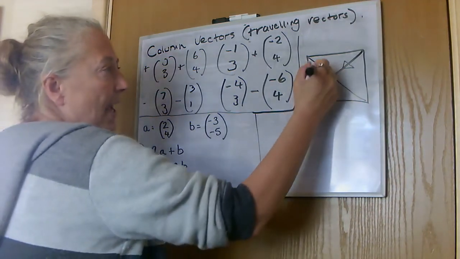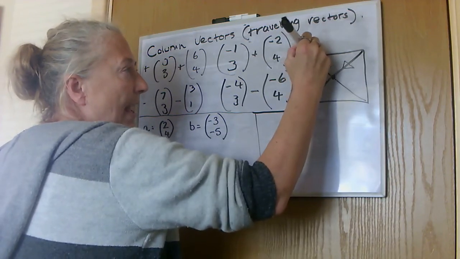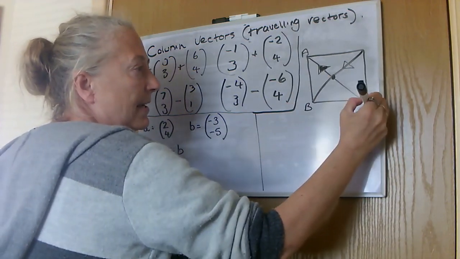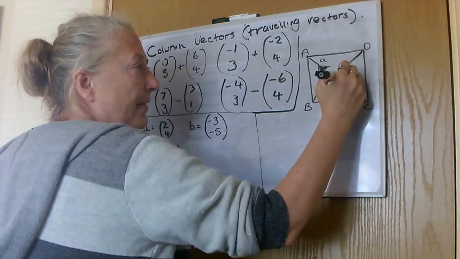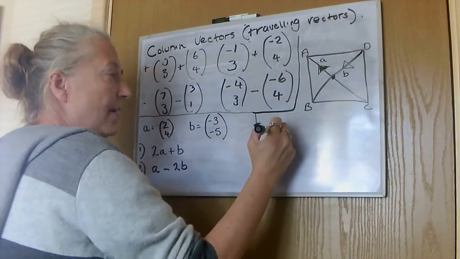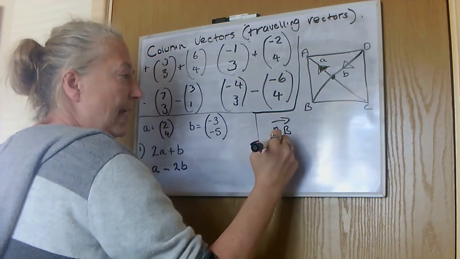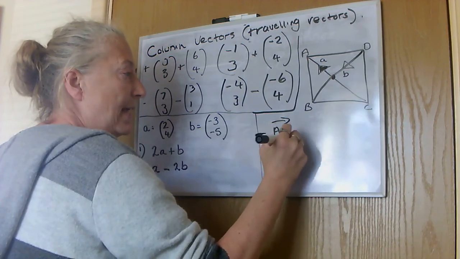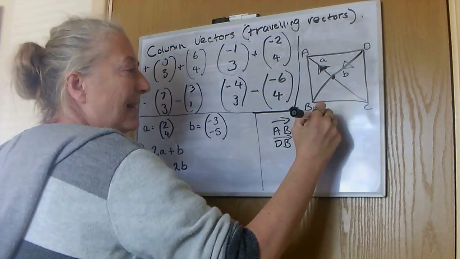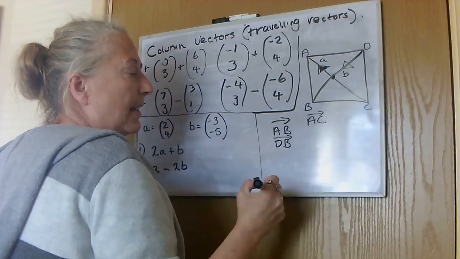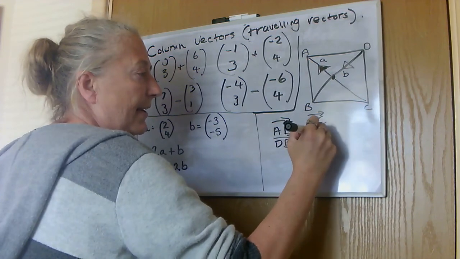Find me A, B, C, and D. I'm going to make this one A and this line here B. Find me A, B. Find me D, B. Find me A, C. Find me B, C.